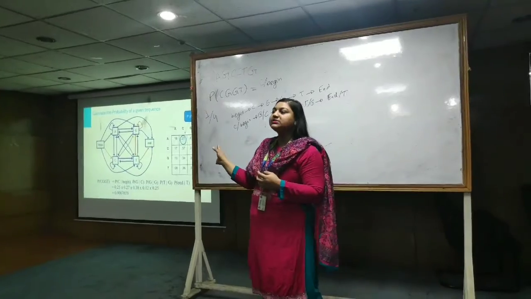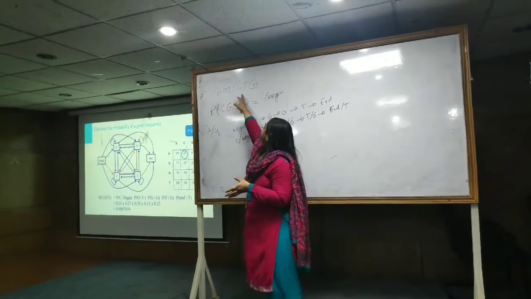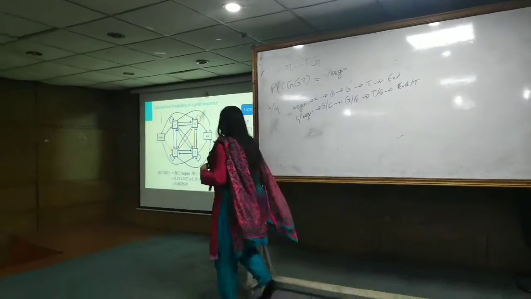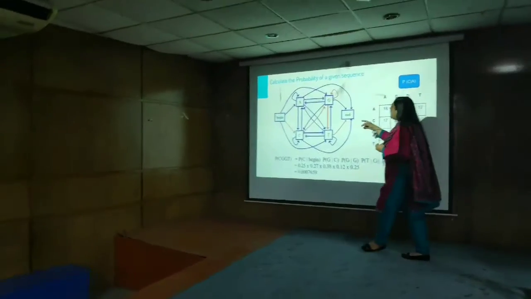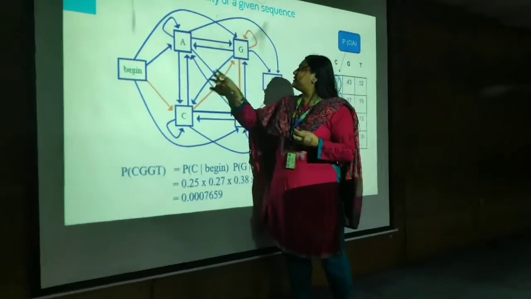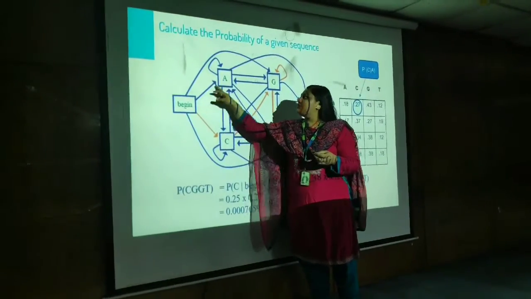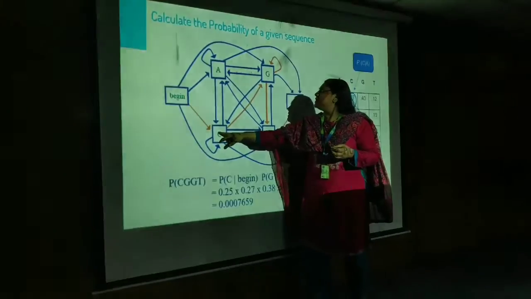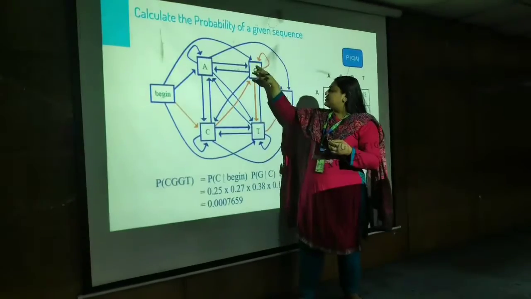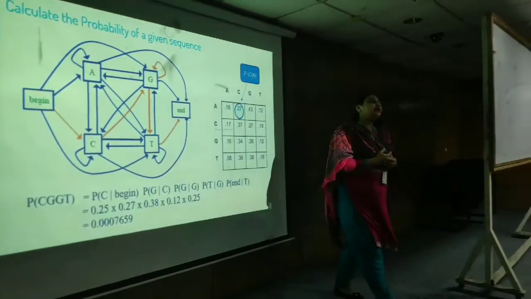If there are 4 states, there will always be 4 states. So in A, G, C, C, T, G, there are also 4 states. Come to this slide. We are calculating the sequence, starting from begin to A, then C, G, G, and T, then it will be like this. Here we can clearly see this.